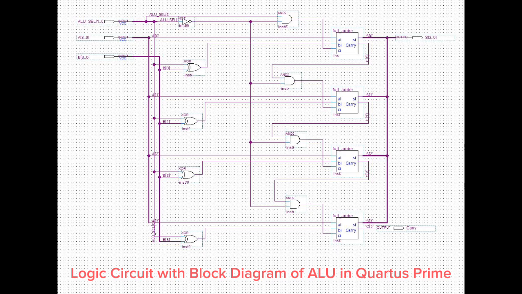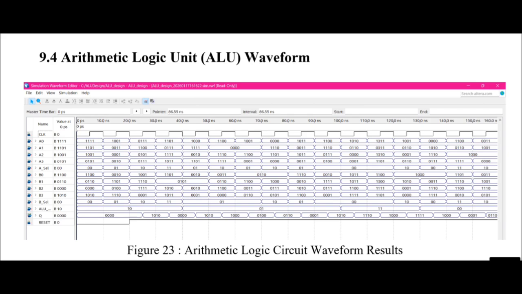So to make a register, 4 of the 1-bit D flip-flop components are combined to form a 4-bit D flip-flop, as shown in the logic circuit above. And then the ALU is constructed by integrating several key components, which are 2 blocks of multiplexer, 1 block of adder subtractor, and 1 block of register.